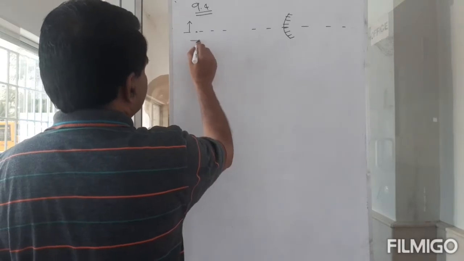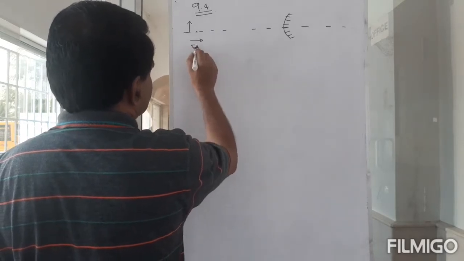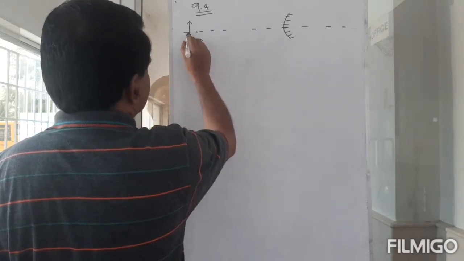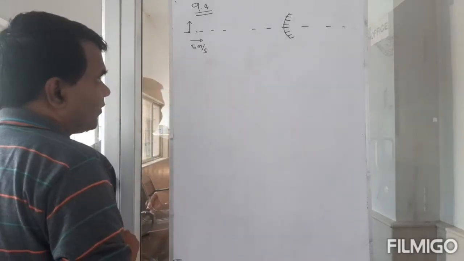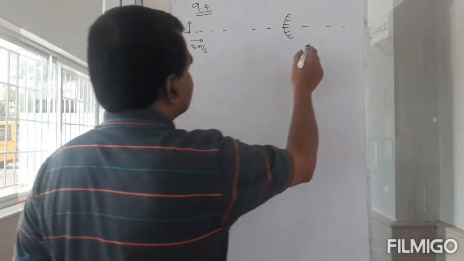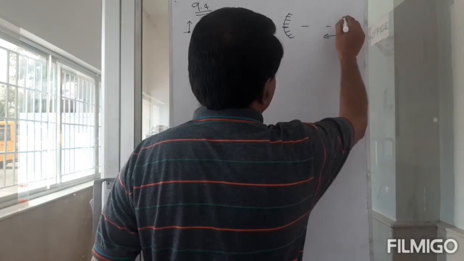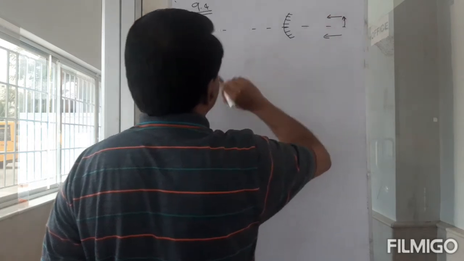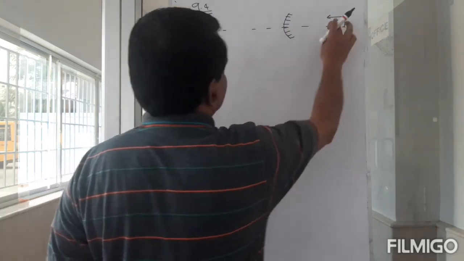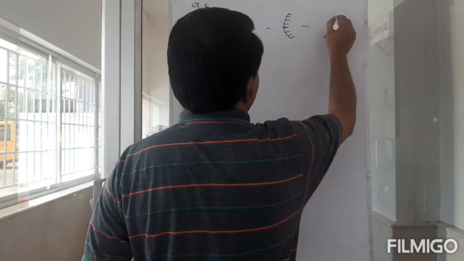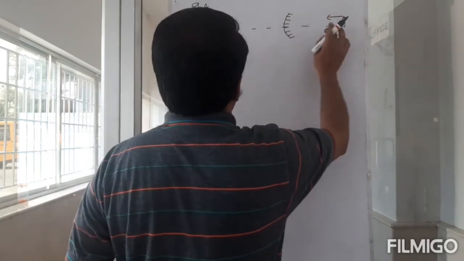The speed with which he is moving is 5 meters per second. Right now he is at some distance, and the image will be moving towards you, and this guy will move towards you. I've drawn it already.